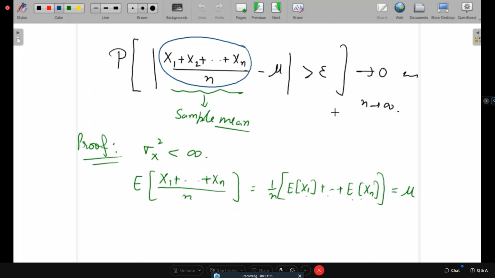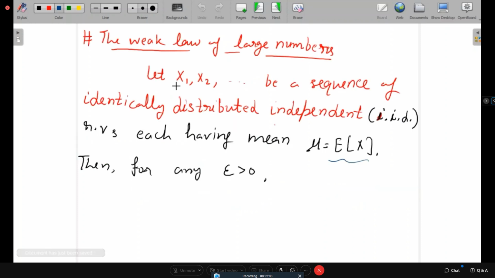Okay, so I hope this interprets the result, and this is an application of Chebyshev's inequality. So we are going to establish the result whenever the variances are finite. Each X1, X2 and so on is a sequence of random variables.